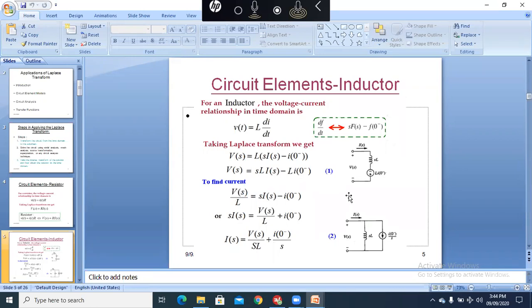Right? So if we see the voltage, the voltage representation is this: we have the inductor, and that much voltage appears as a voltage source along with the inductor. So there is some additional voltage because of this initial value of the current.